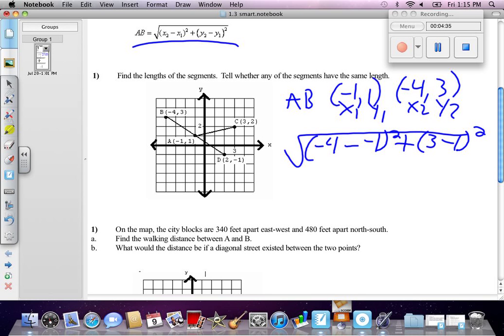So I put square root, parentheses, parentheses, negative 4 minus a negative 1, and parentheses squared, plus parentheses, 3 minus 1, and parentheses, squared, and parentheses. And I get 3.6, approximately. When you squiggle your equal sign, that means it's approximately. Okay, that was just A to B. We also got to do A to C and A to D.